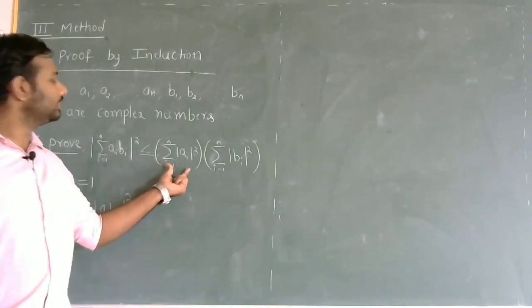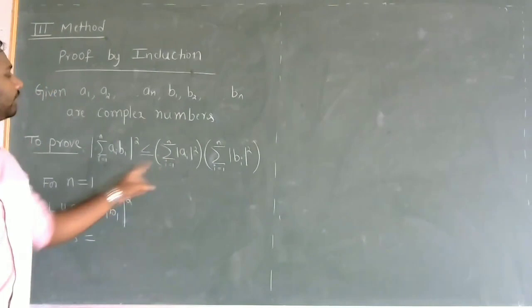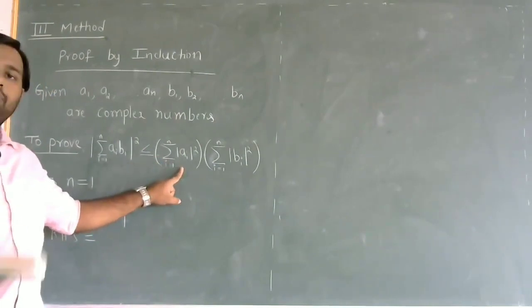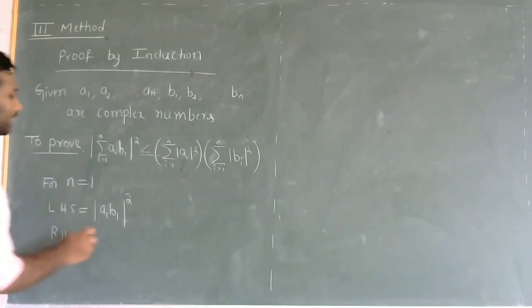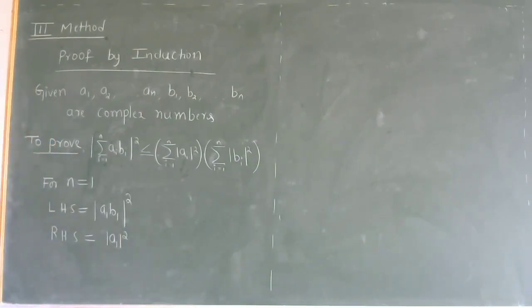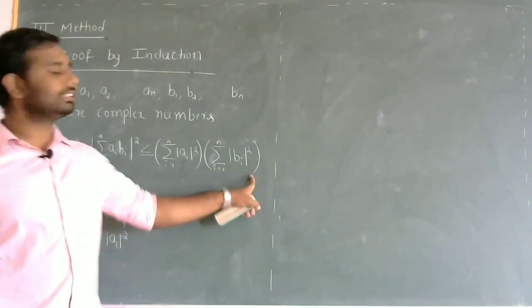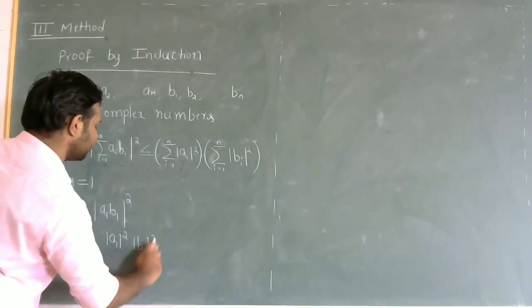Now the right hand side, once again, contains summation i running from 1 to n. If I put n is equal to 1, the summation starts from 1, ends with 1, so it contains only one term. What is that? It is modulus of a1 square into, the second summation also contains one term, modulus of b1 square.